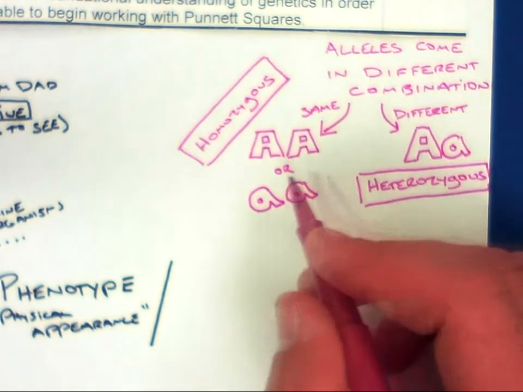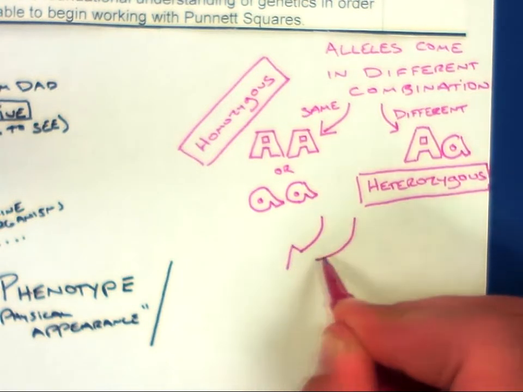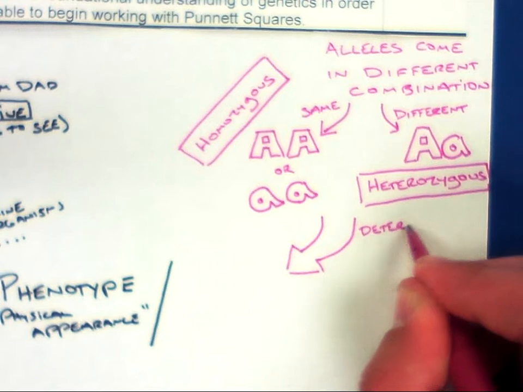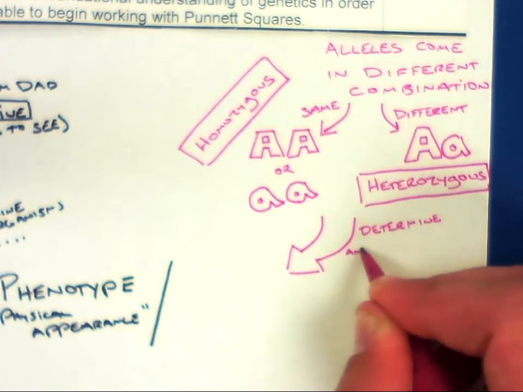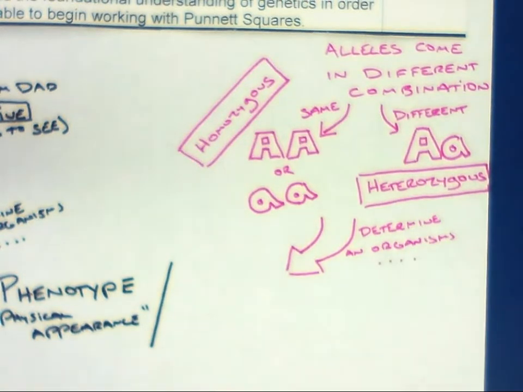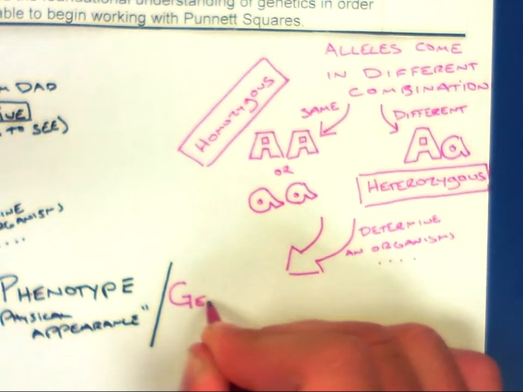And all of this stuff that you have here, these letter combinations, the letter combinations determine in organisms, and that word is called, from your essential question, genotype.